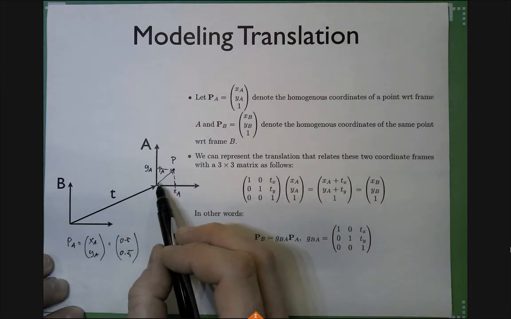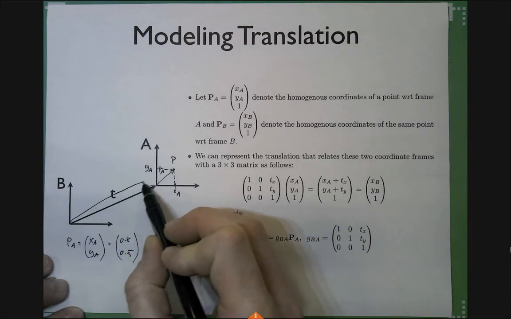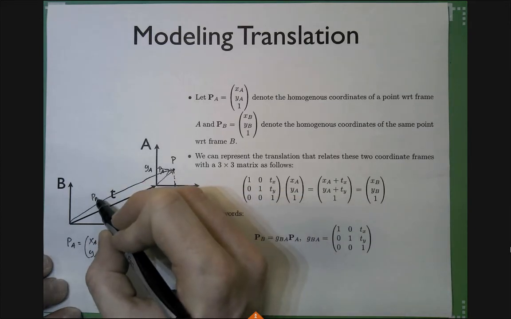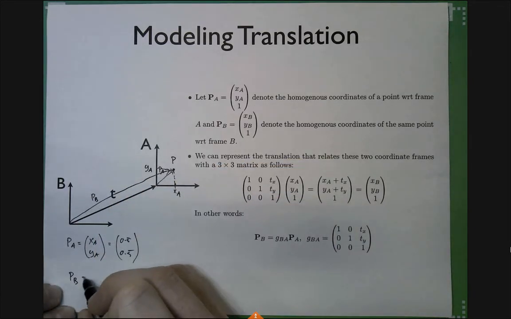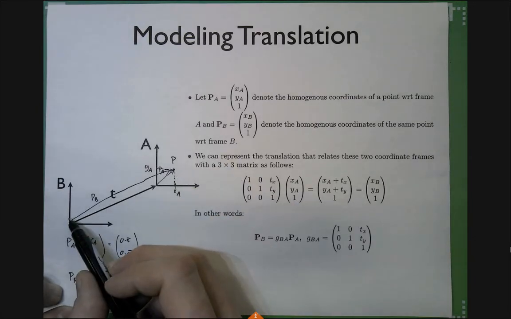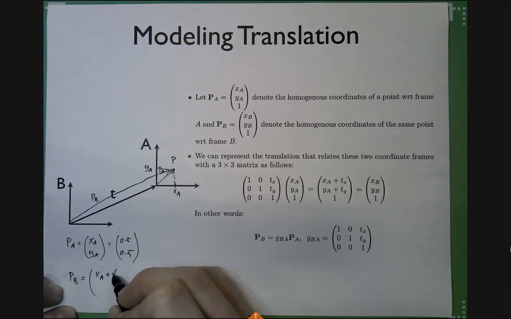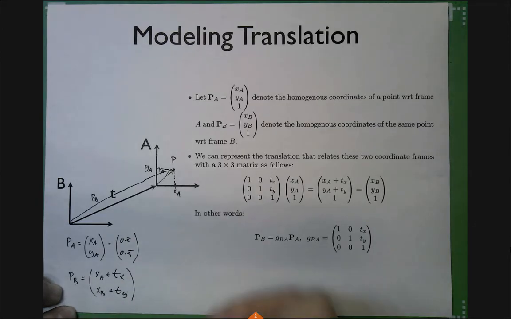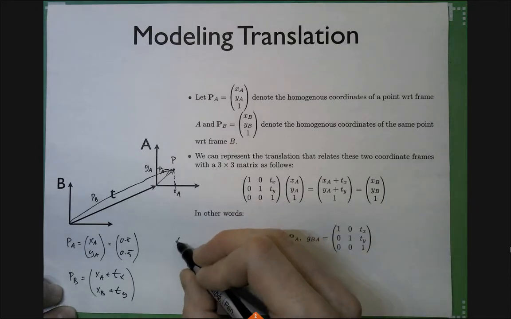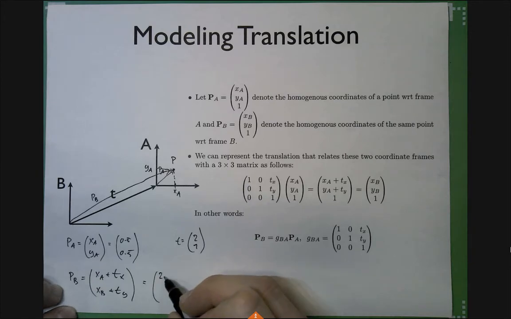So how do I get the coordinates of the same vector with respect to B? Well, this will be this vector, this would be my PB. And it turns out that all I need to do to get the coordinates with respect to B from coordinates with respect to A is to add the translation, the vector T. So if this T is, I don't know, 2, 1, then in this case this would be 2.5 and 1.5.